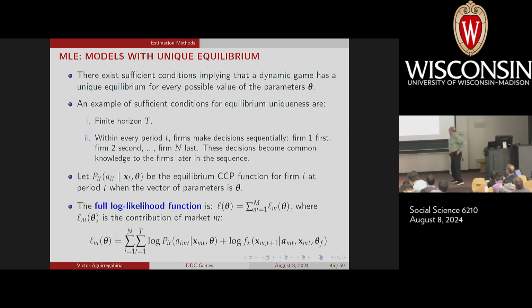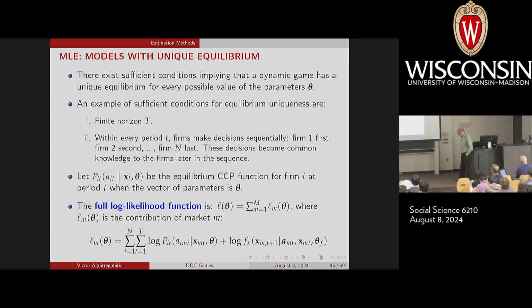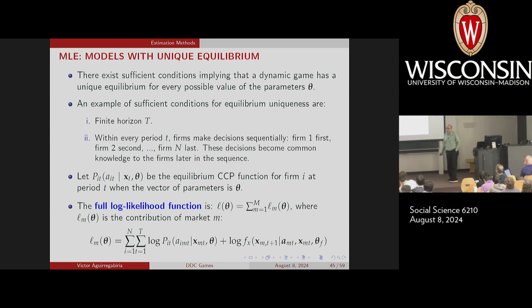Perhaps the author that, in the context of dynamic games in I/O, has used this framework most extensively is Mitsuru Igami, in a series of papers on innovation, dynamic games of innovation.